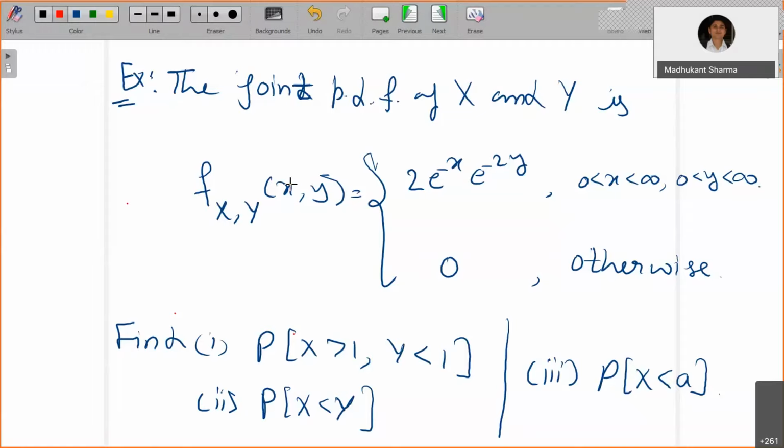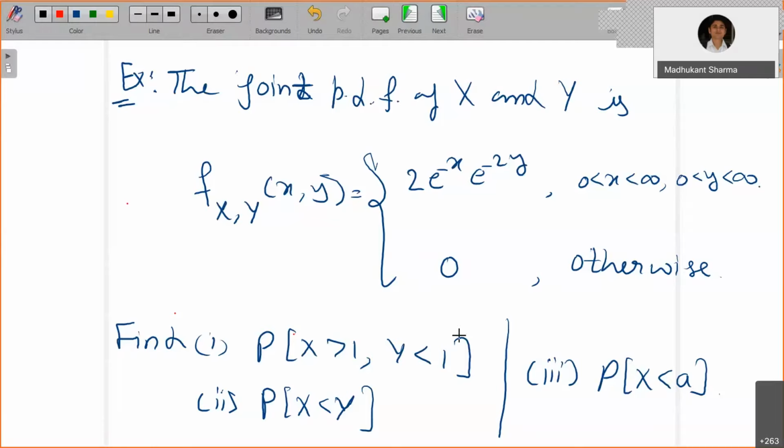Okay, following the previous lecture, we were starting with the following question: the joint PDF of X and Y is given by this, and you are supposed to find the following three things.